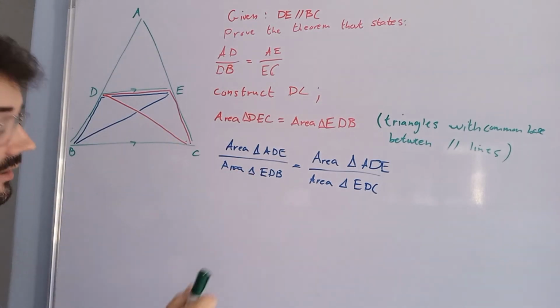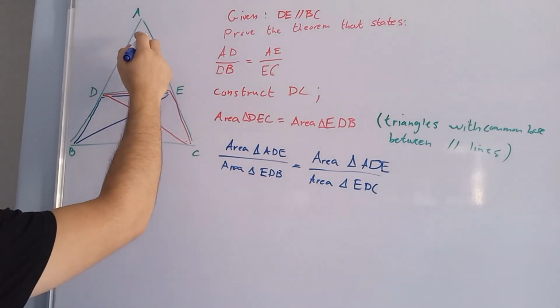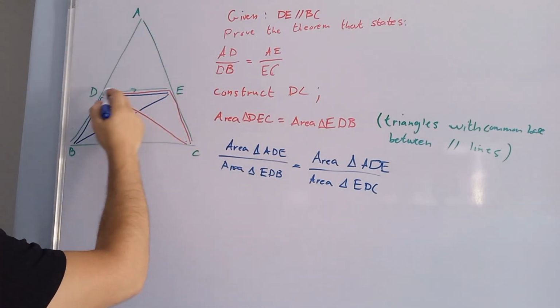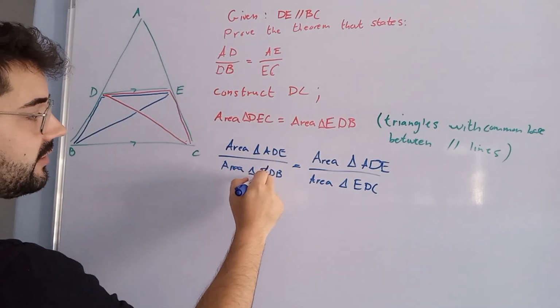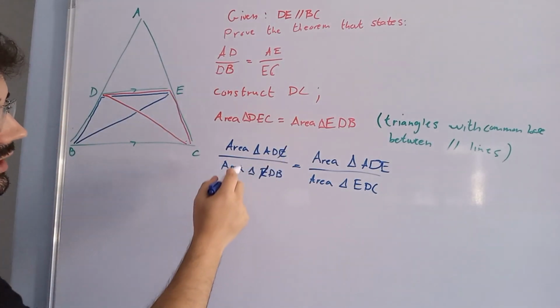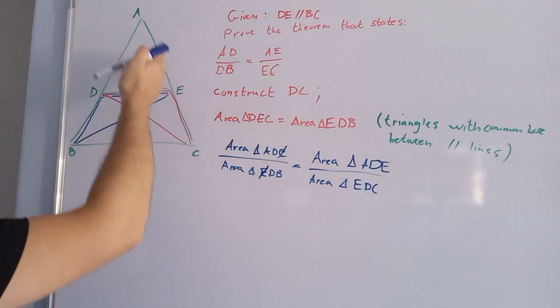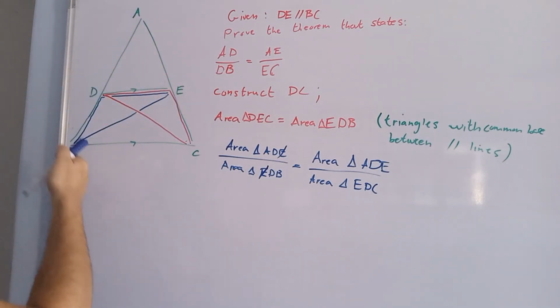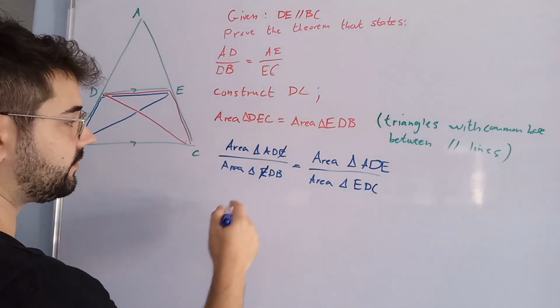Now, going from there, we're going to use that common vertex rule. ADE and EDB have a common vertex of E. We can cross out that E, and we're left with the ratio of their bases. If we have a common vertex and the bases are in line, then the ratio of the areas is the same as the ratio of the bases.